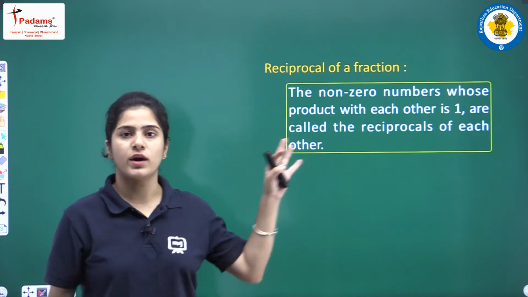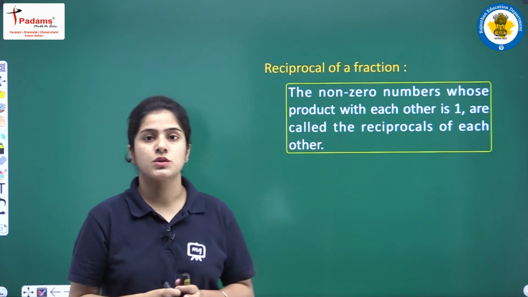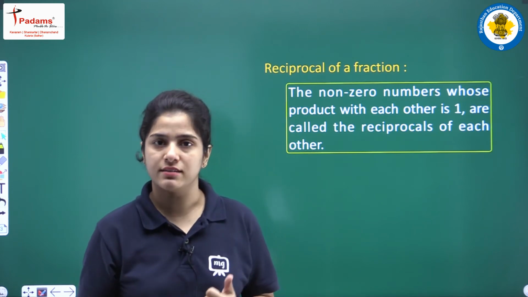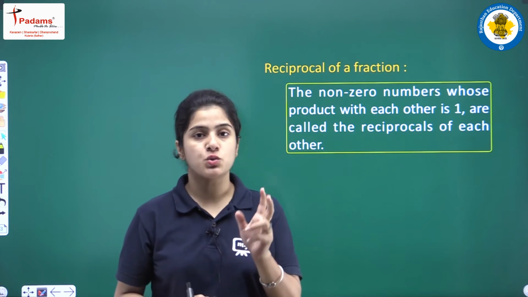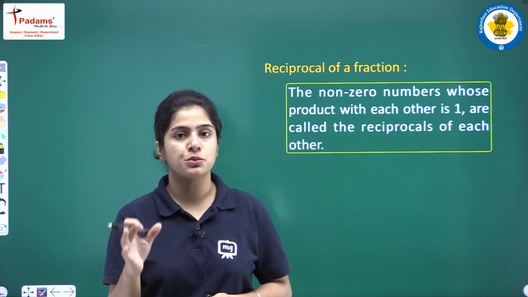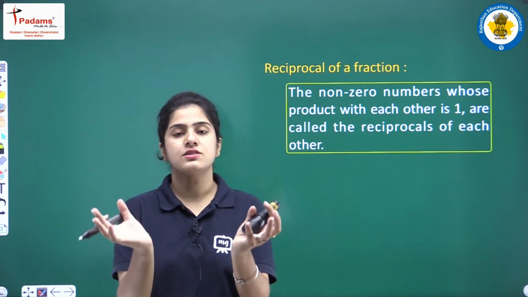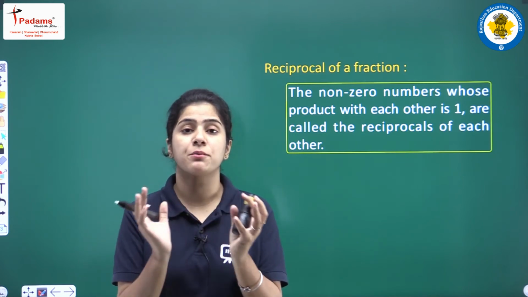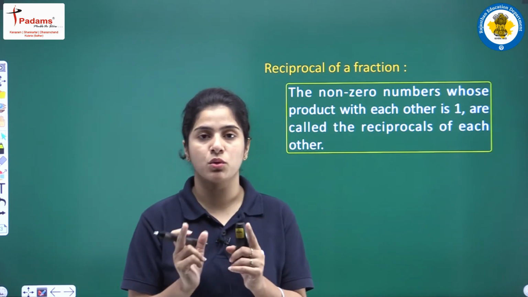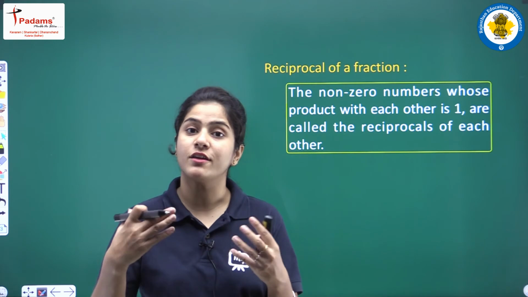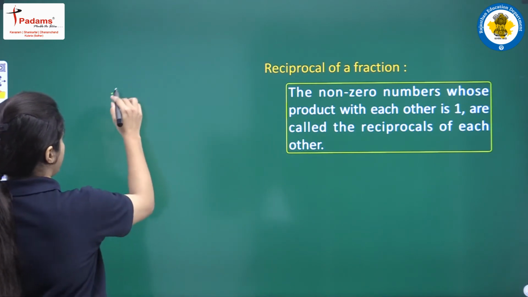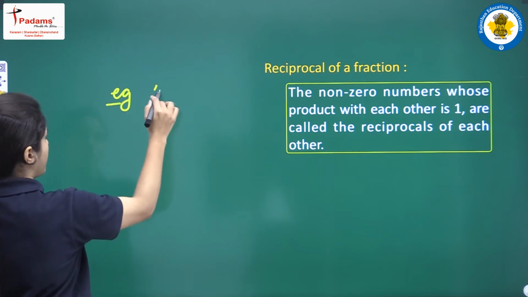Now students, this is what we have discussed. So now we will discuss what the reciprocal of a fraction means. It means that when you have two non-zero fractions whose product is equal to 1, they are the reciprocal of each other, alright students. For example, firstly I am talking about 4 upon 3.